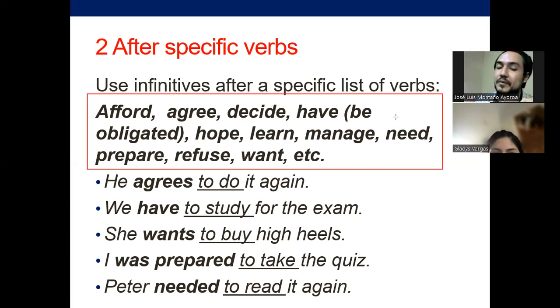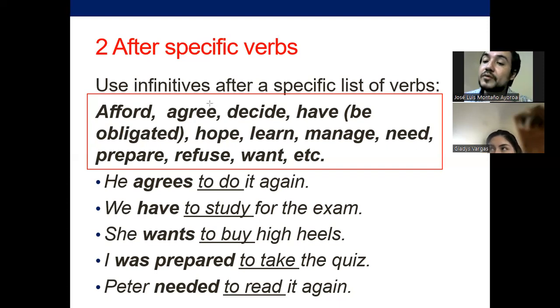All right? Like in the examples, he agrees to do, we have to study, she wants to buy, I was prepared to take, Peter needed to read. Right? So we use infinitive after these words.